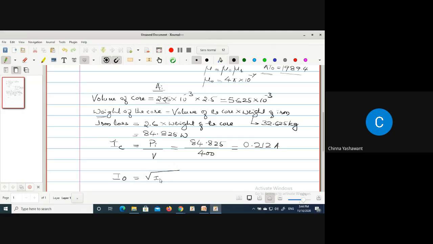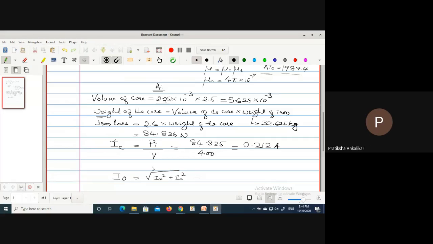Now calculate I naught. Im square plus Ic square under root. 49.73 whole square plus... Is it possible to draw 40 amps as no load current?